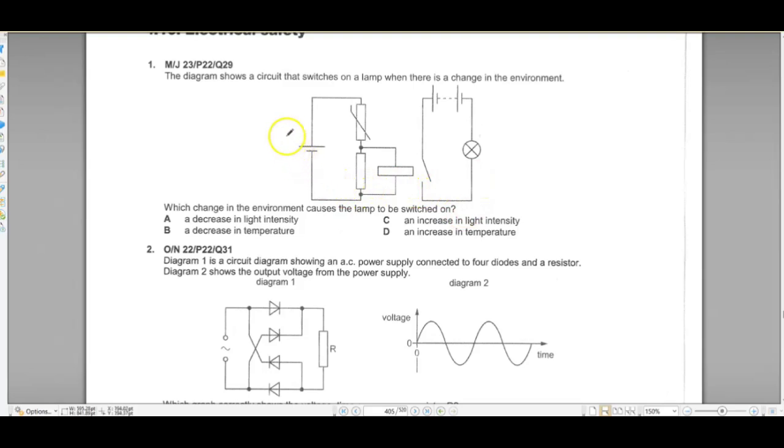Okay, if you look at the diagram, you will see that we have a thermistor over here, and the sensitivity of the thermistor is with the temperature. If the temperature is increased, the resistance decreases.